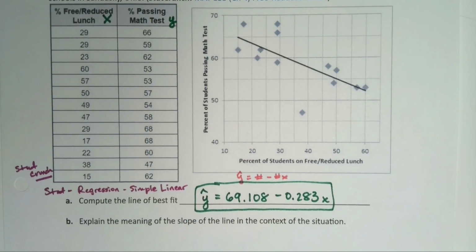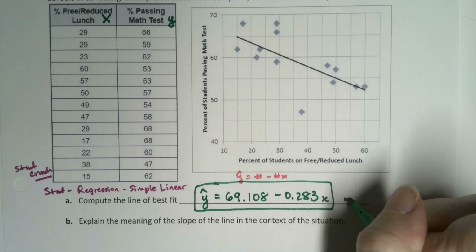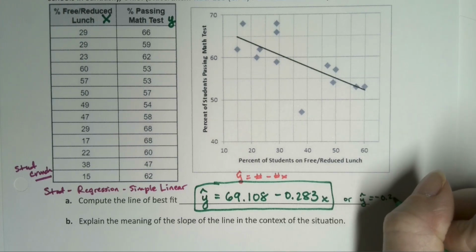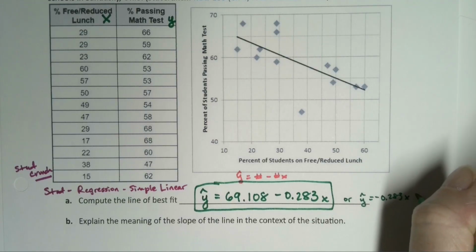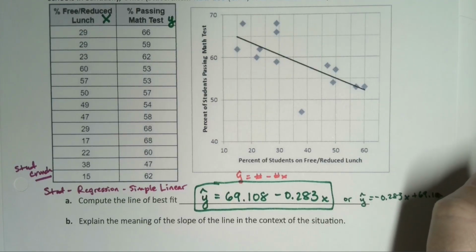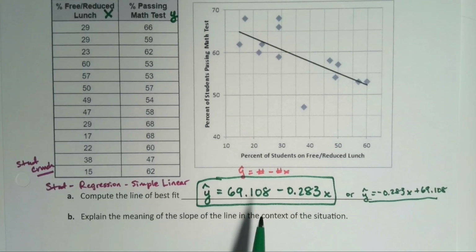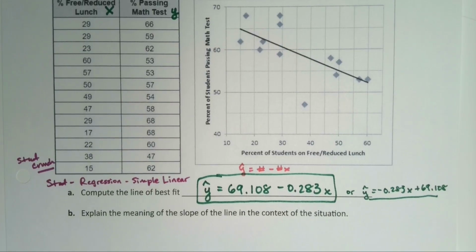Now, if you're more comfortable with the algebra way of writing it, it's negative 0.283, that's your slope, x plus 69.108. So whichever way you want to write it, it's fine. I'm going to stick with the statistics way. That's the way that StatCrunch gives it to us. So that's what we're going to be more familiar with.